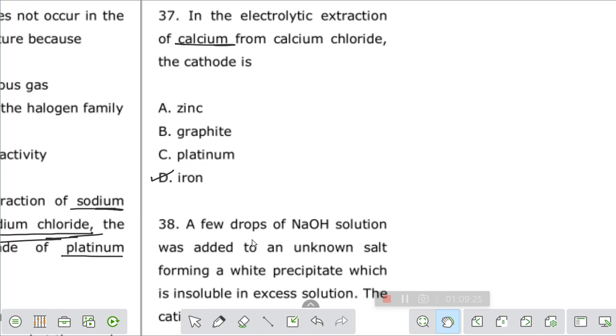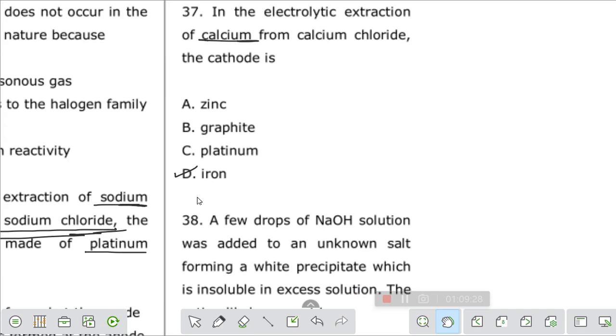So the cathode is iron rod. Yes, the cathode is iron. I want to be so sure. So iron will be used as the cathode when you want to do the extraction of calcium. Please take notes.